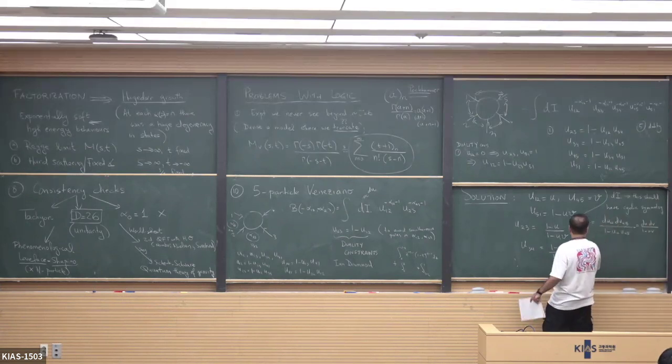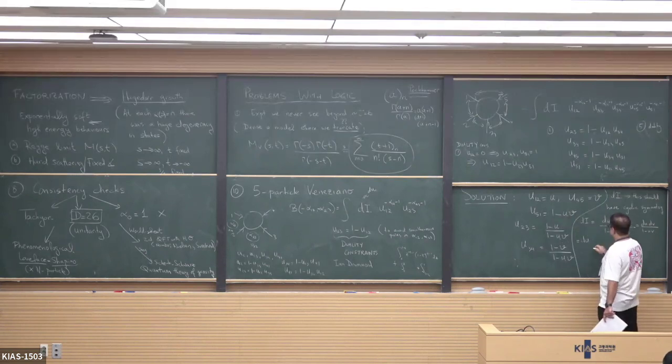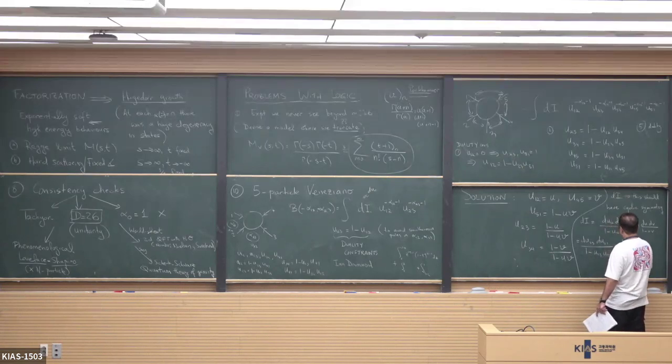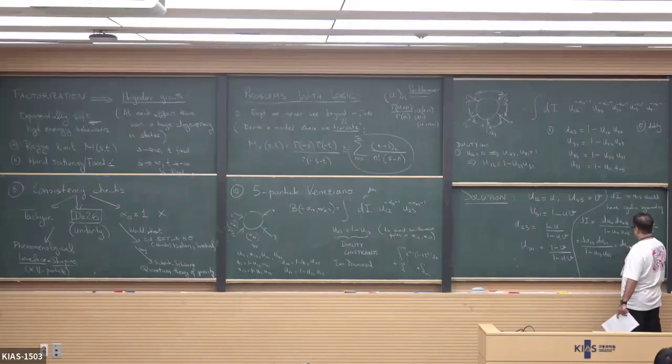This object is cyclically symmetric, which essentially means that you can show that if you now cyclically permute the indices, d12 becomes d23, 45 becomes 51, these become 1 minus u23, u51, and then keep cyclically permuting the indices, 51 becomes u12.